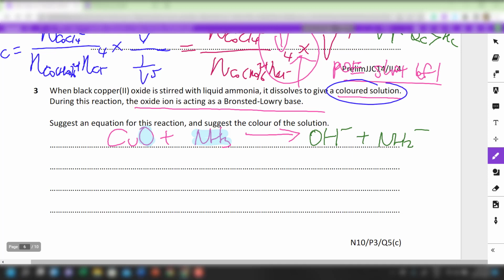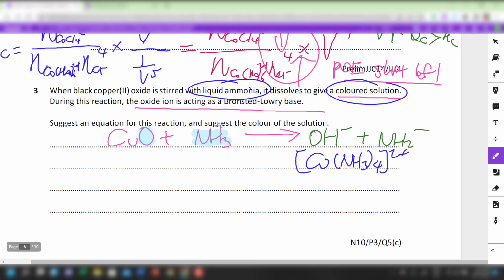Are we clear about what the colored solution is? We are, because the copper(II) does not change. A colored solution involving copper(II) and liquid ammonia can only be the tetraamminecopper(II) complex, which we are familiar with, and this is 2+.